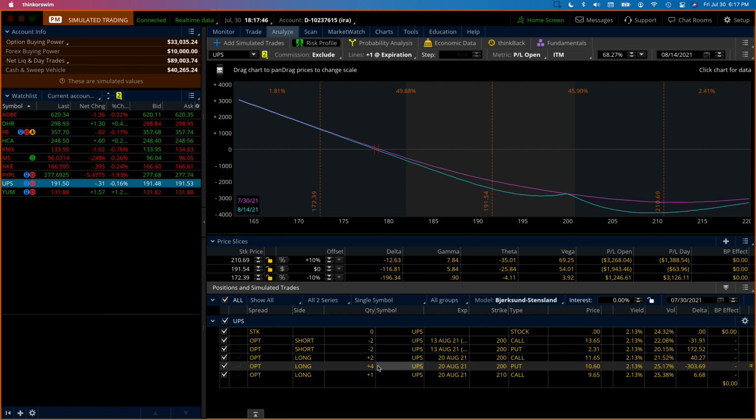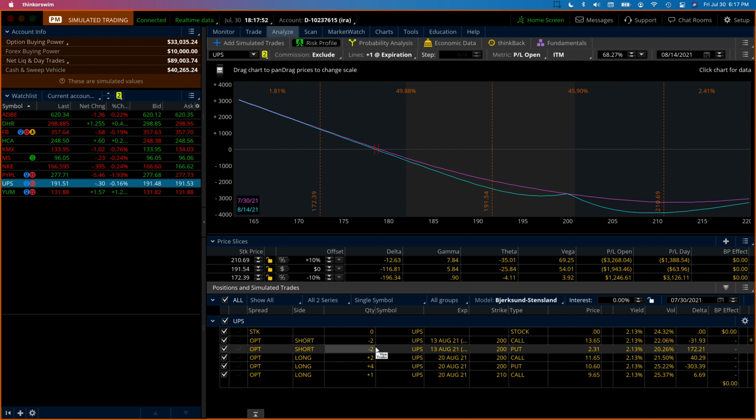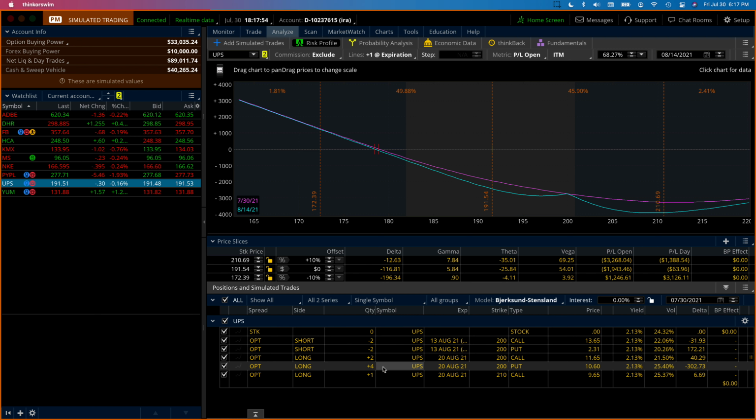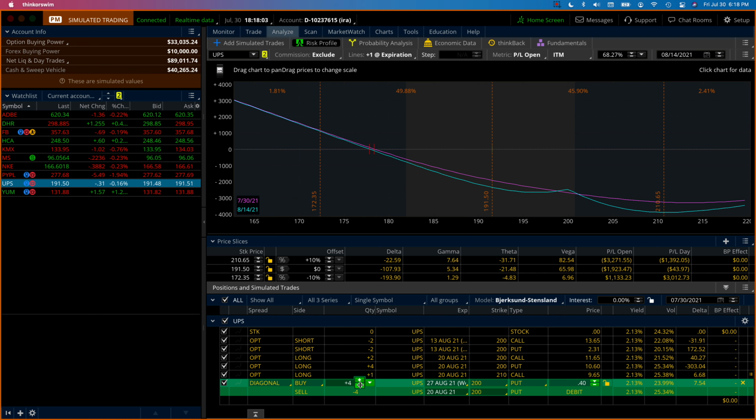We select the outstanding puts. We have 4 of them long versus 2 short. So the difference is 2, so we can do roll down 2 and analyze rolling.